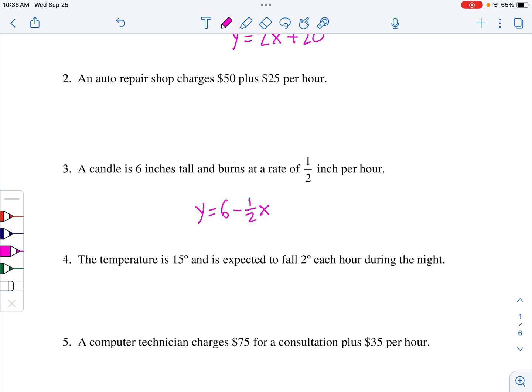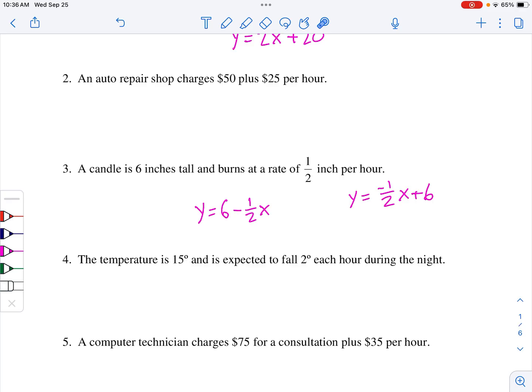So y here would be the height of the candle, and x would be hours. You can also write this y equals negative 1/2 x plus 6. These are the same thing. I wrote it like this originally just because we're starting at 6 and we are losing 1/2 inch per hour. So to me, it made more sense to say 6 minus 1/2 x.